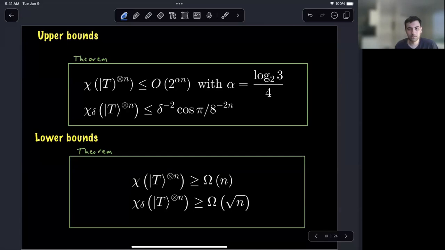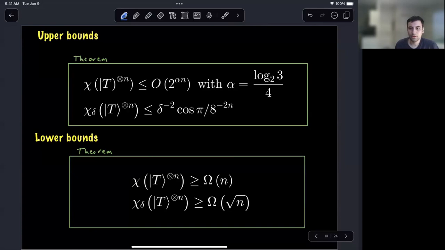And we believe that the stabilizer rank should be exponential. We don't know whether the exponent is tight or not, but we believe that the stabilizer rank should be exponential, or at least super-polynomial, because otherwise BQP would be equal to BPP, and we believe that that's not true.